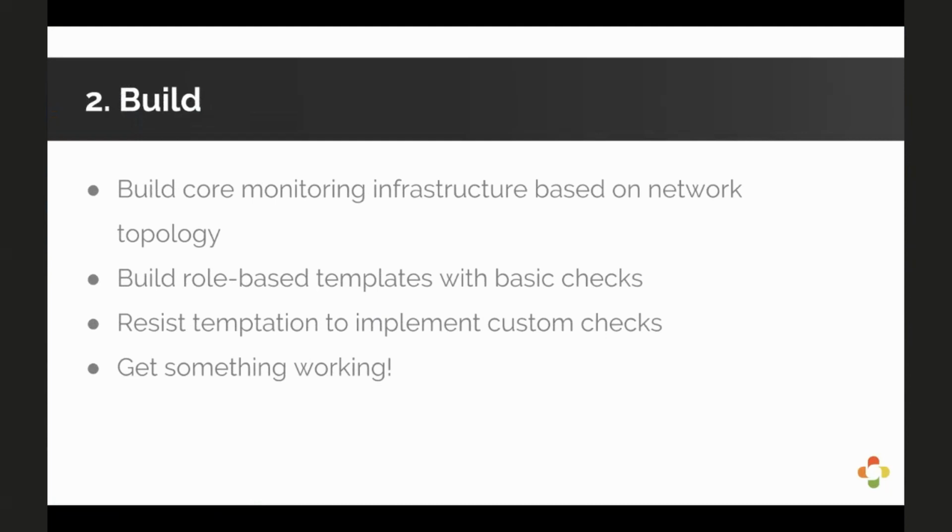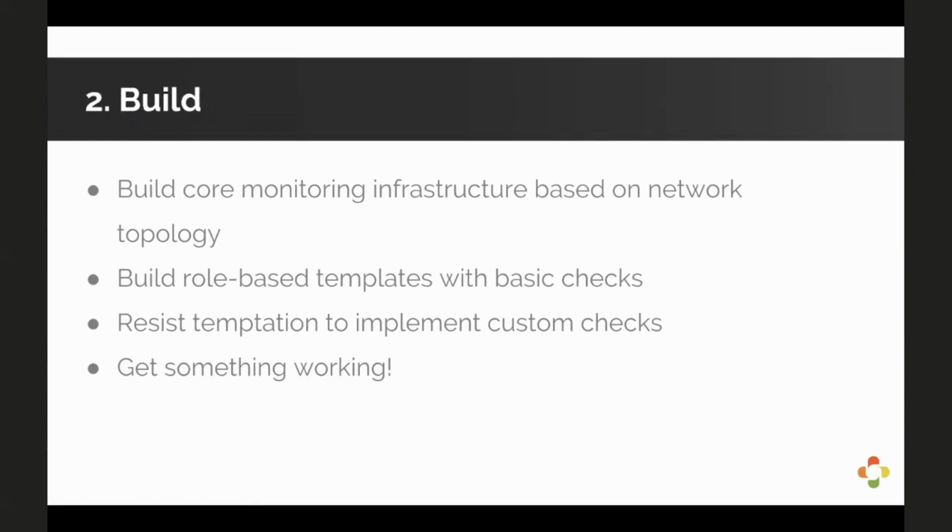Customers are always very excited about being able to write custom checks that monitor their specific applications. We want to resist that at this point of the implementation because we want to focus on getting a healthy core that's actually monitoring all of the systems and each of the different roles, and we can implement those custom checks a little later.